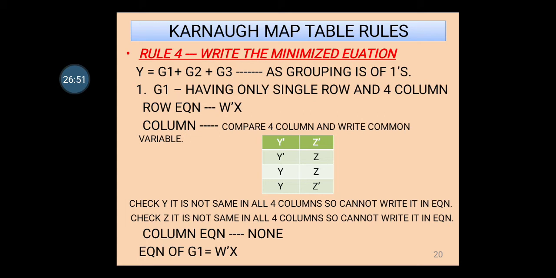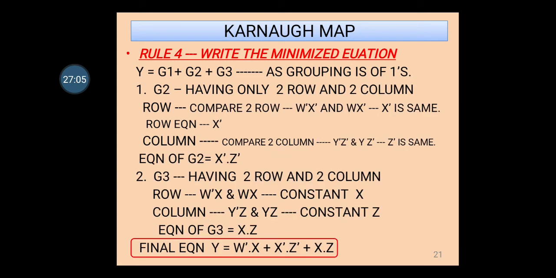Whatever variable is changing you are not going to write, and the variable which is constant you are going to write. The same thing is explained in this slide. You can see here also it is the same thing which I have explained, and how we are going to write the final equation is shown here.